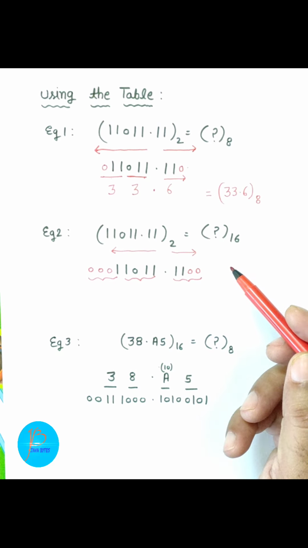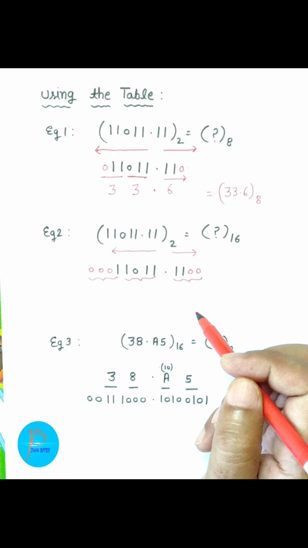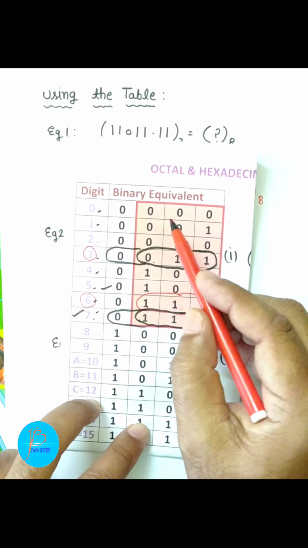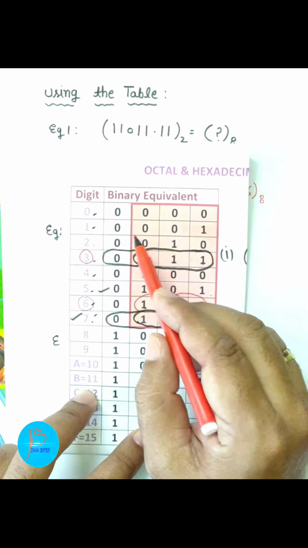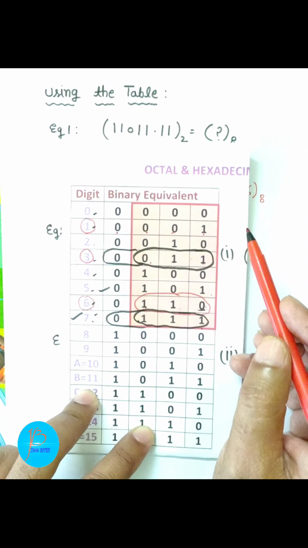Now what you have to do, children, is note down their hexa equivalent from the table. For example, the first one is 0001, and you can take the help of the table: 0001 is the equivalent of hexa 1.